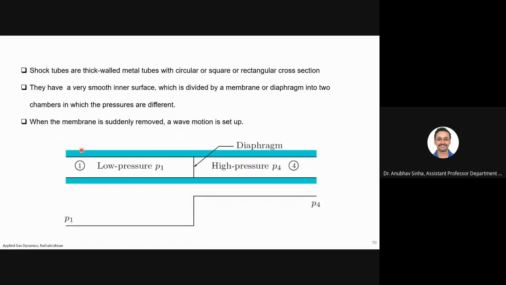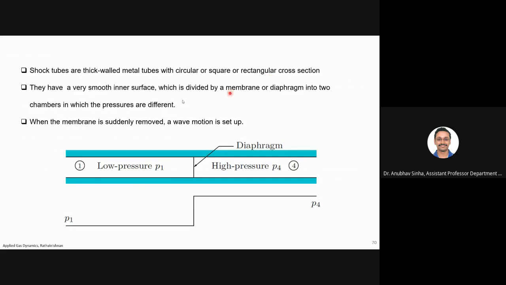As I explained, this is the simplest way you can represent a shock tube. There's nothing more complicated. One tube is there with two regions, high pressure and low pressure. The interesting thing is it has to be thick walled, otherwise it will not sustain high pressure, and it could be circular or square or any other cross section you want.